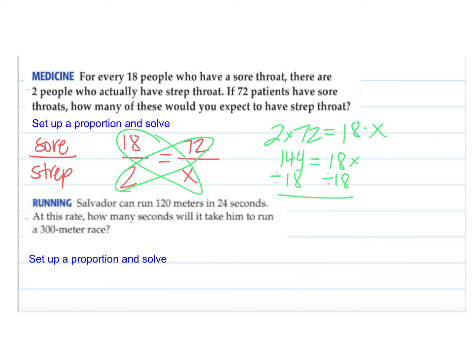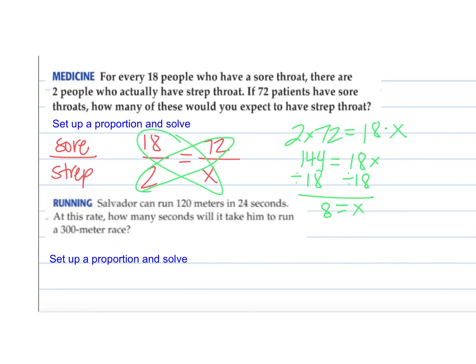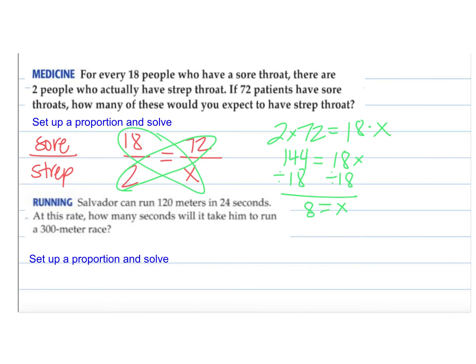So 144 divided by 18, which is x equals 8. So that means we would expect 8 people to have strep. Let me just write that out. Because it's a word problem, we should have some sort of label on it to tell us what that number means.